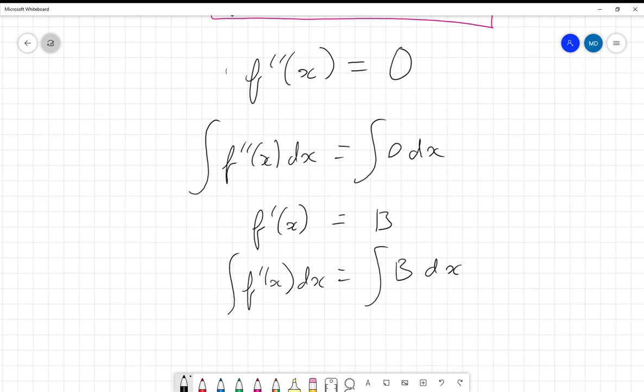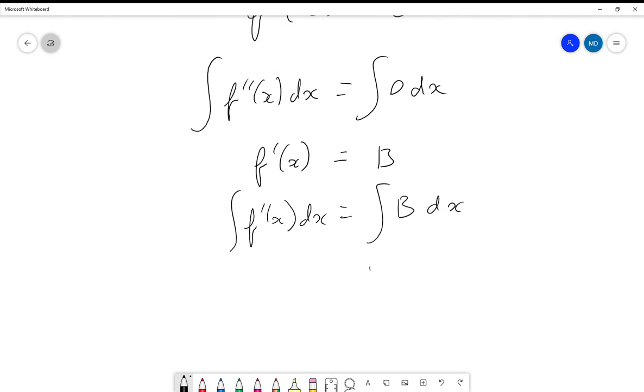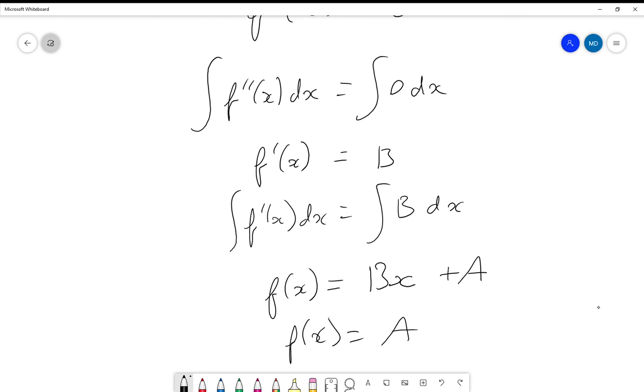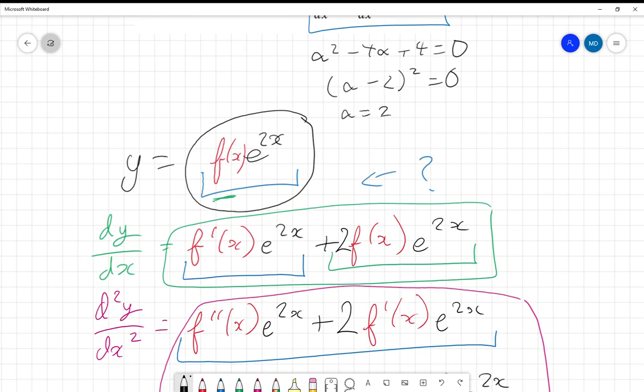Well, if I integrate a constant, I just get a constant multiplied by x. So I'm going to get bx plus another arbitrary constant, which we'll call a. And if I integrate the left-hand side, I just get f of x. So my f of x has to be bx plus a, or my f of x is going to be a plus bx.